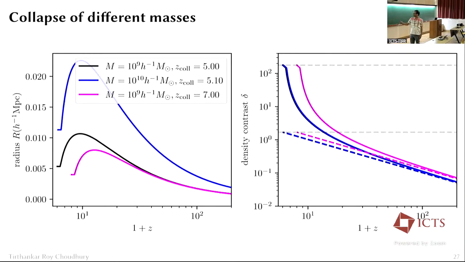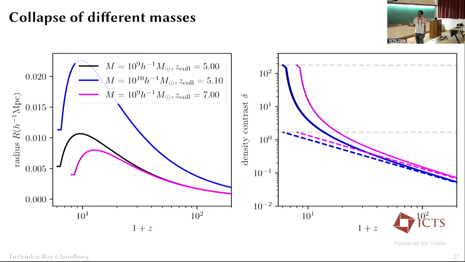So the solid lines are the true density contrast. So it goes up and up and up, and at some point it stabilizes because the system has stabilized. Now the black one, sorry, and the blue one is exactly on top of that. Okay. So although the size and the masses are different, it turns out that the density contrast actually follows the same in this case.